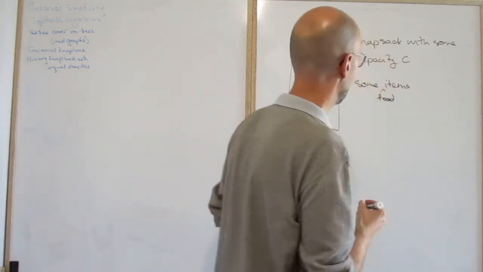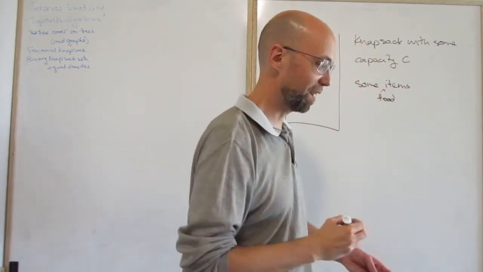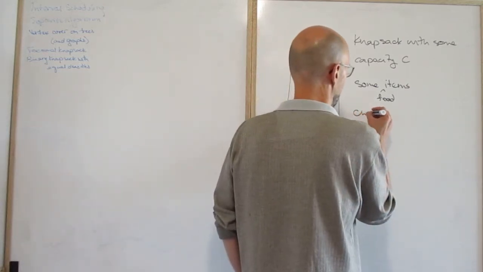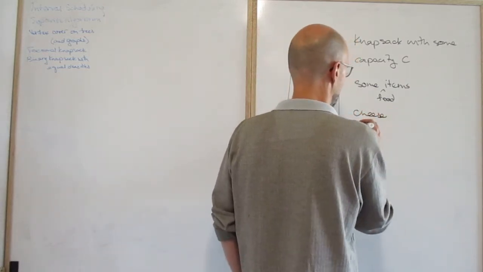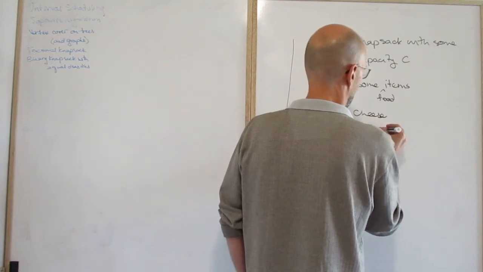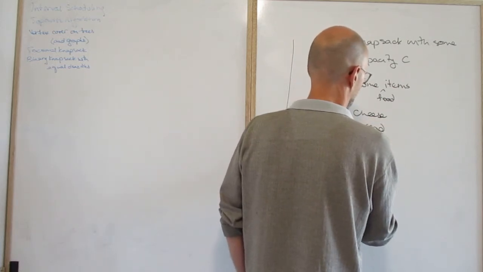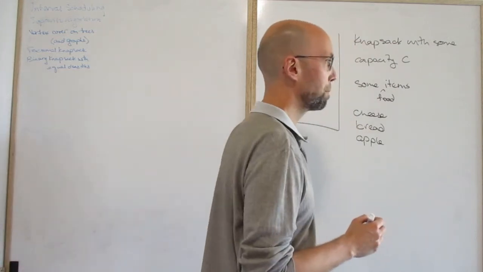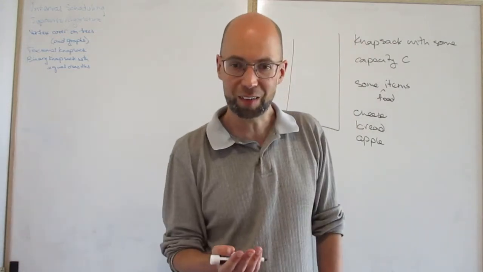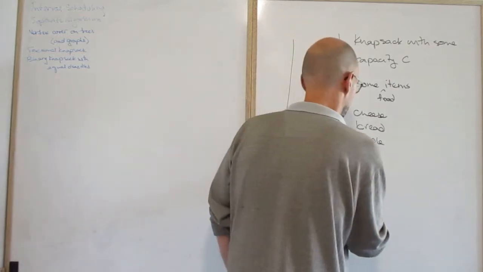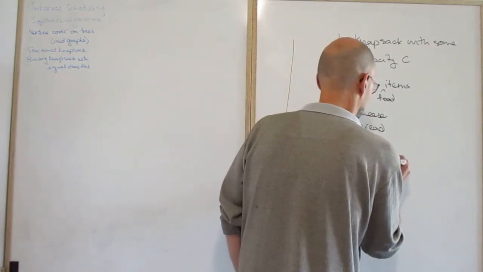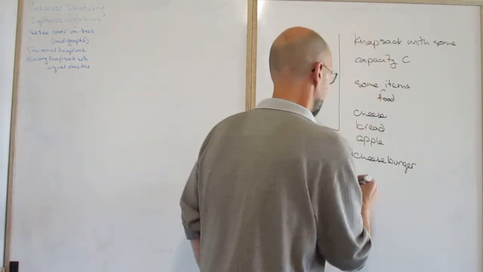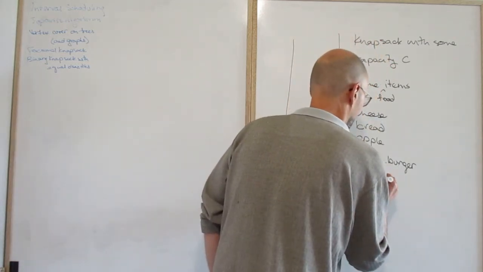Now I'm going to be really hungry. I have nothing in my fridge, but suppose I have some cheese. So you have cheese, you have bread, you have an apple. What else can you have? Cheeseburger. Carrots, I actually have carrots.